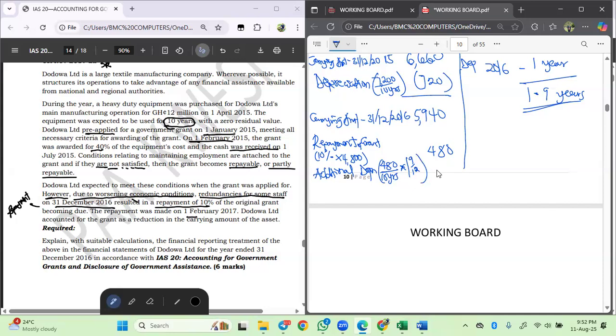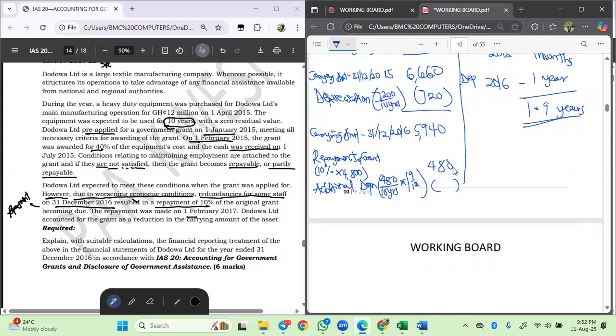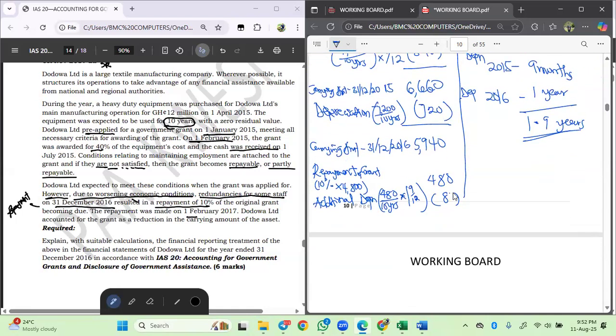So what is the additional depreciation? $84. Please confirm. So this 84 will be charged to P&L immediately, because you've already dealt with the previous one.